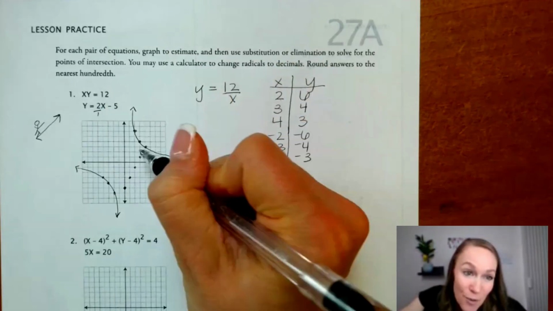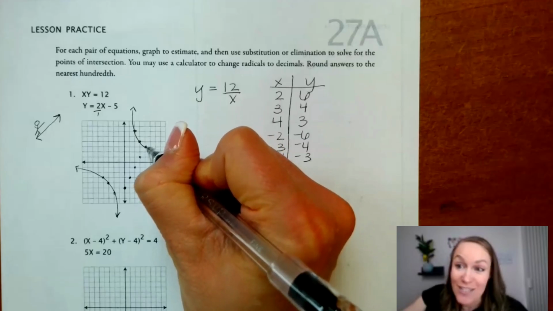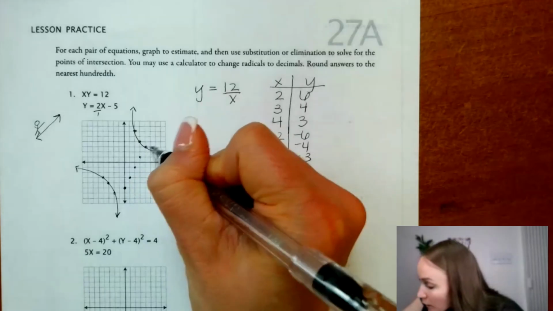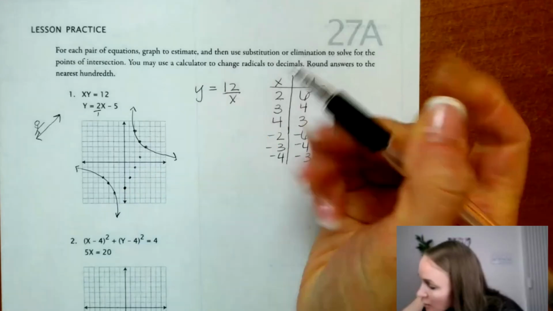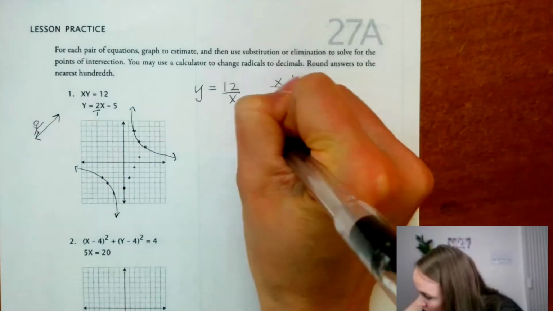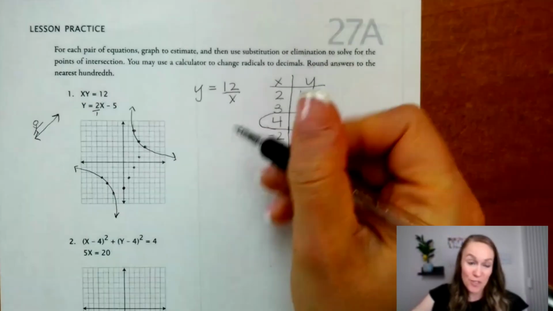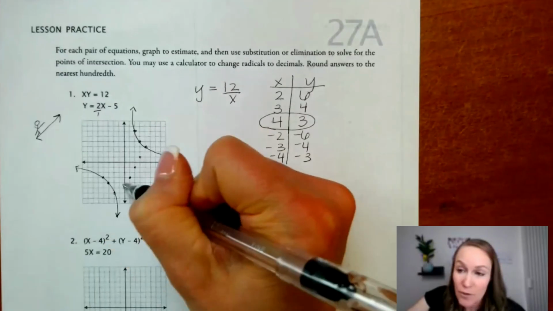So I'm going to take a note of that point because that one actually intersected with our line. So that's going to be our solution. So this is point 1, 2, 3, 4, 1, 2, 3. Okay, 4, comma 3. So I'm just going to circle it just to give myself a little heads up there.